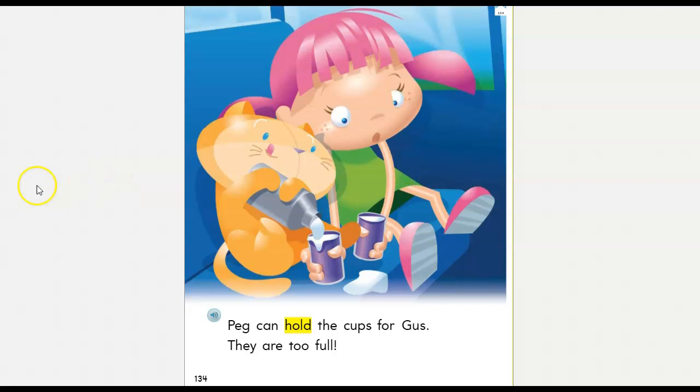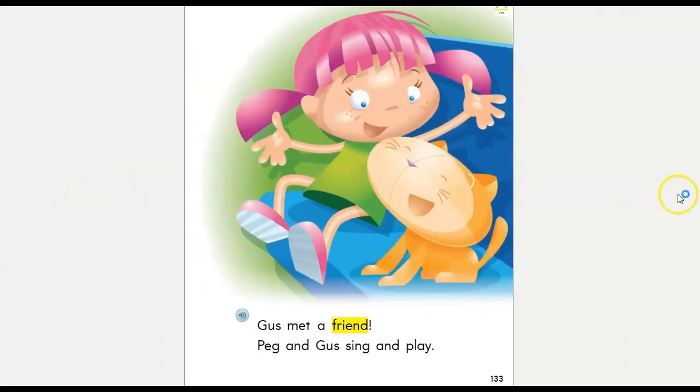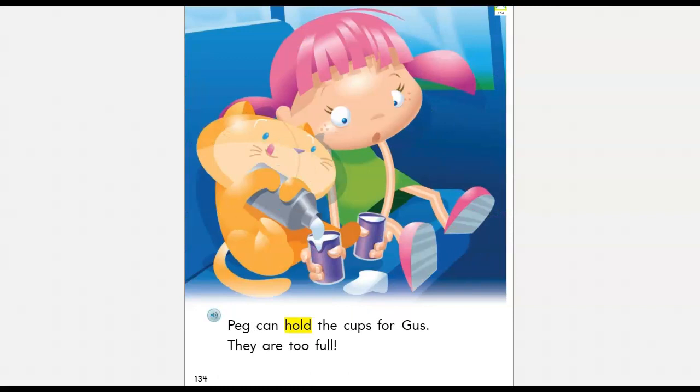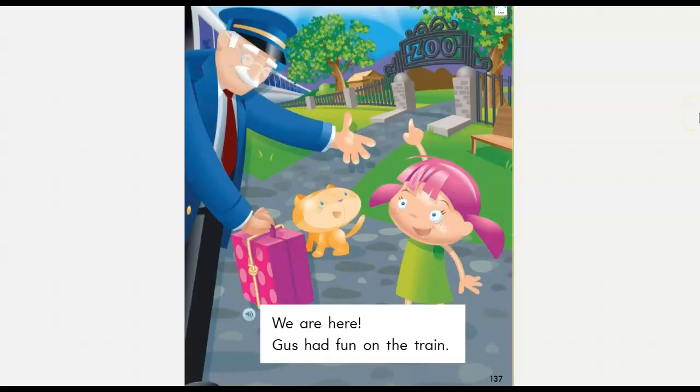So we could say first, Gus got on the train and found his seat. Then we could say, then Gus and Peg drank some milk. In the last part of our story, Gus and Peg went to the zoo.